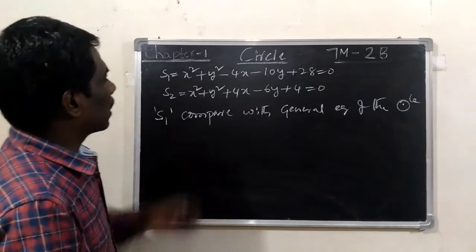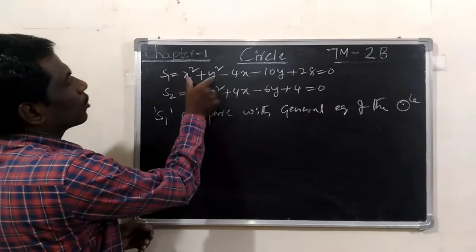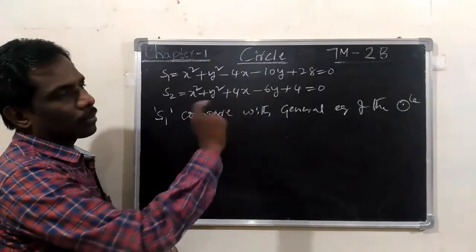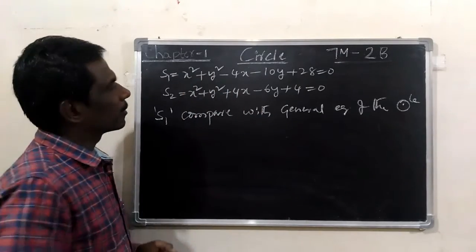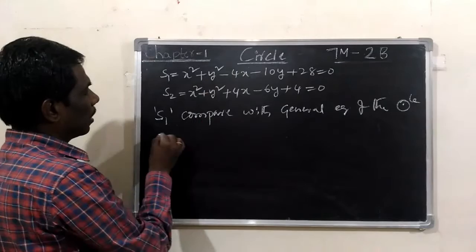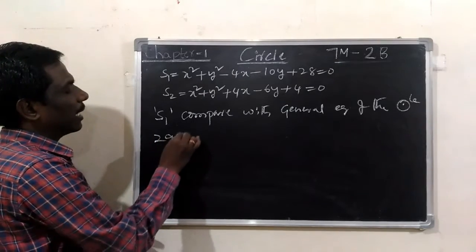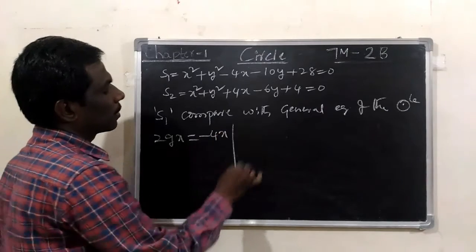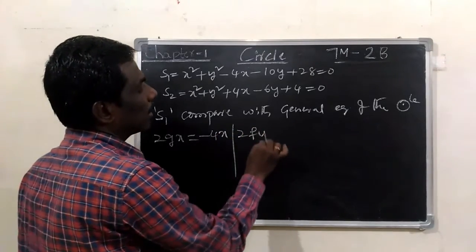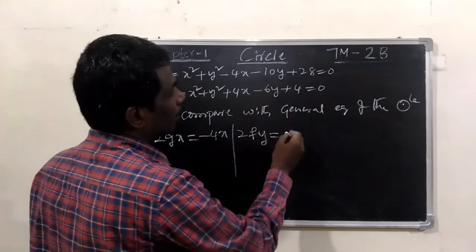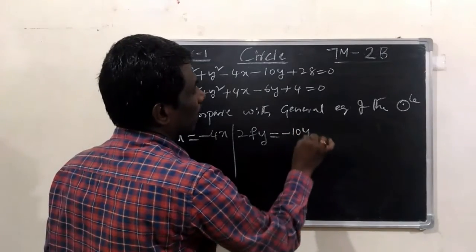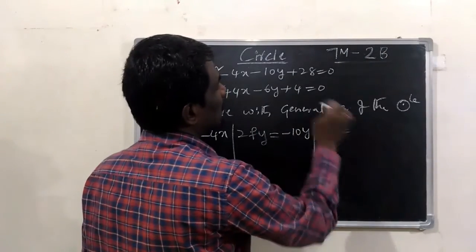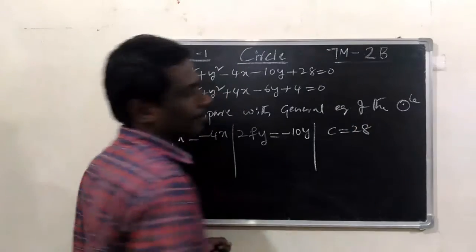If we compare with S1, the x square plus y square terms are the same in both circles. So I equate 2gx with the x term, minus 4x, and 2fy with the y term, minus 10y, and c equals 28.